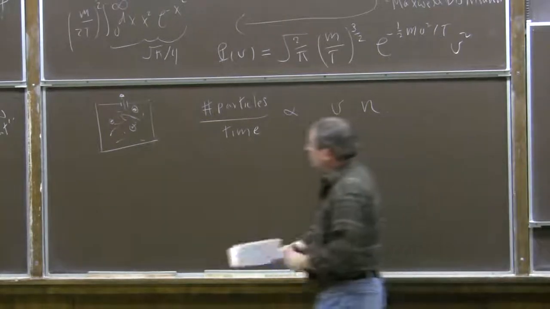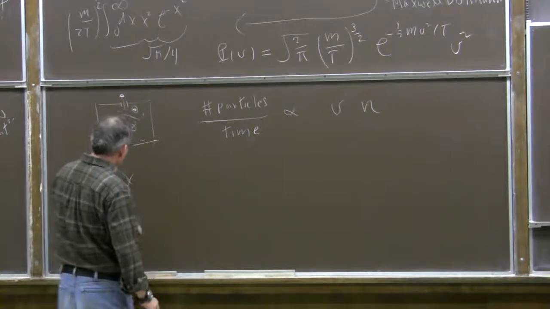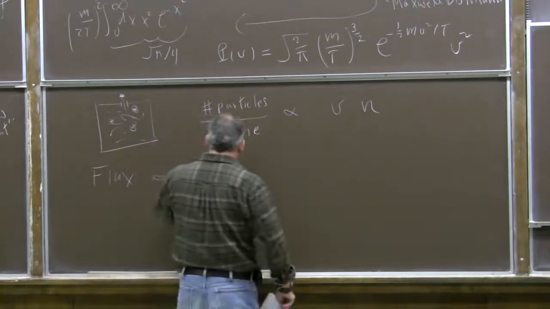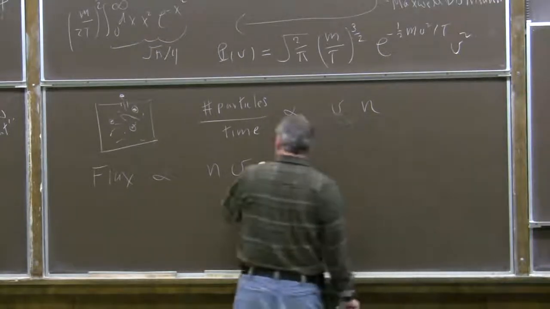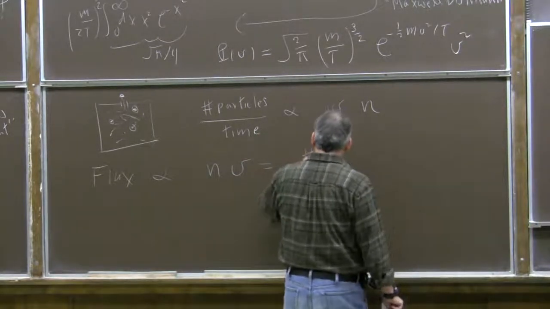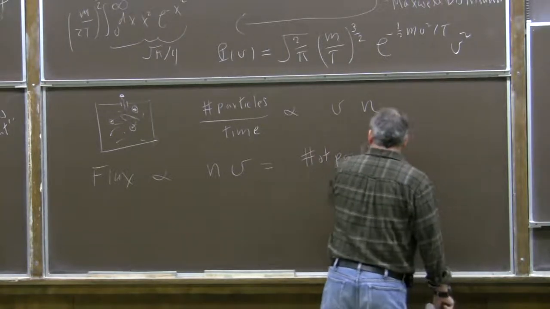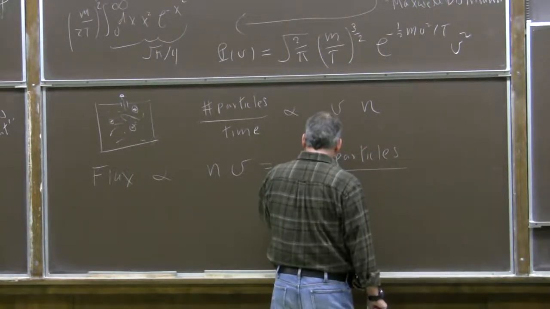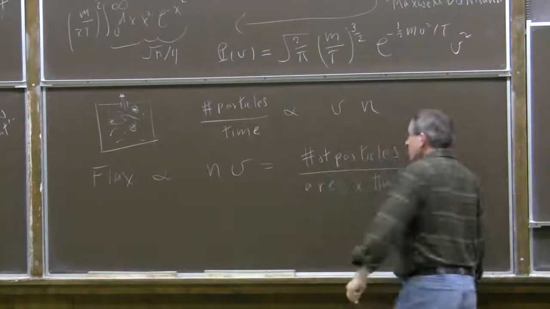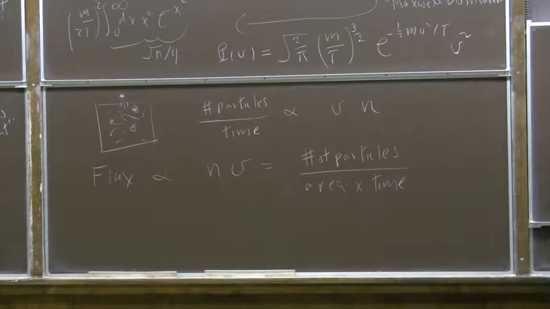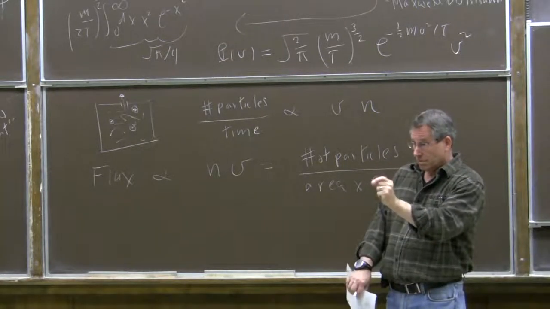Well, I'm just saying that there's a flux. A flux is proportional to number per unit volume times speed. This is flux, meaning number of particles per area and time. So we have some hole of fixed area, right?